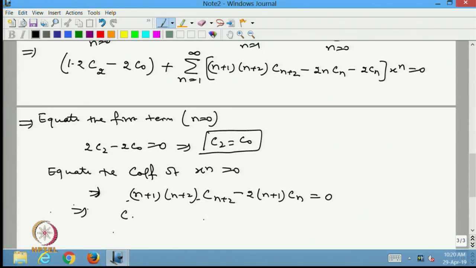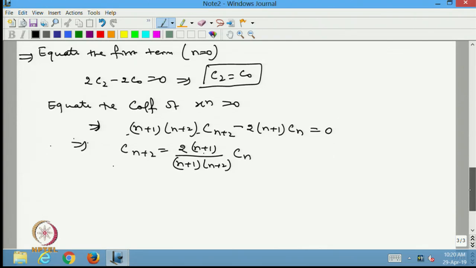From here I can write my Cn plus 2 is equal to 2 n plus 1, and then I can divide by this factor n plus 2 Cn.